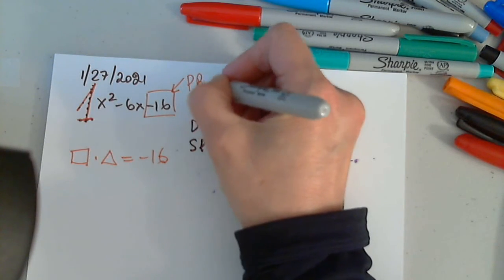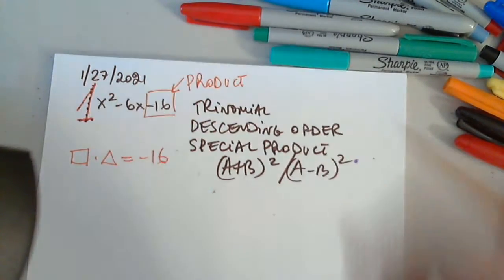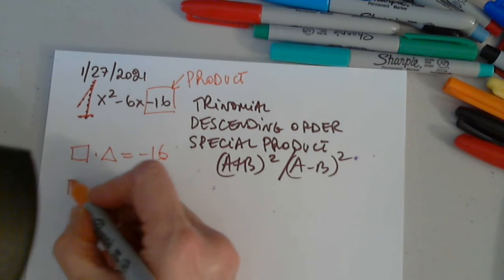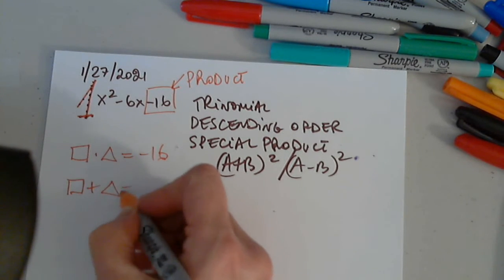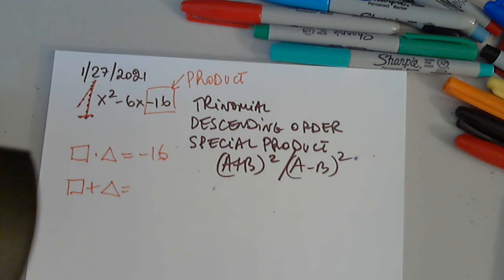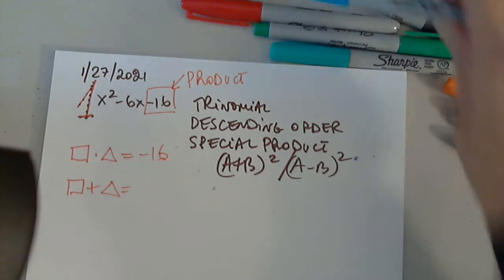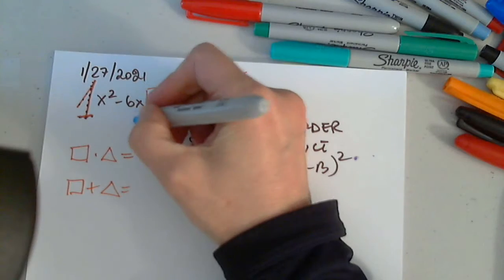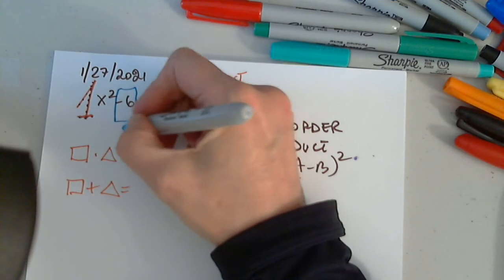This is the product of the numbers we are looking for. And then the same numbers will have to have the sum, and that is always the case no matter what, even if the leading coefficient is not 1. The sum is always, anyone? Negative 6. Negative 6. This is the sum.